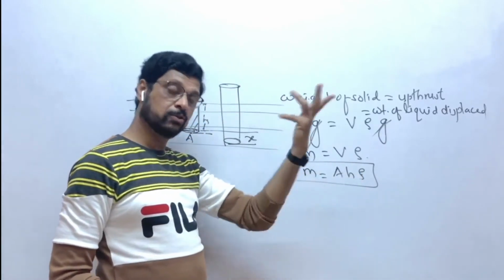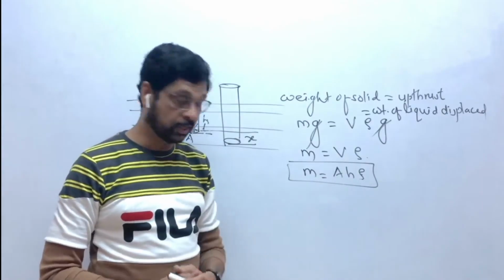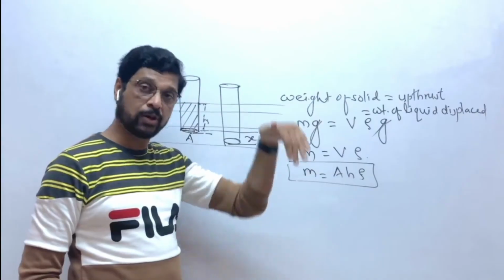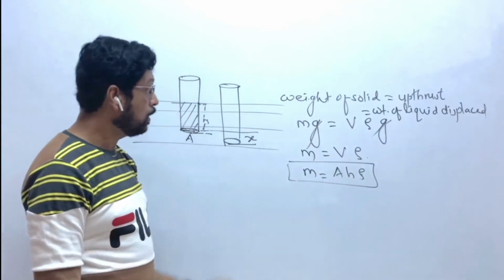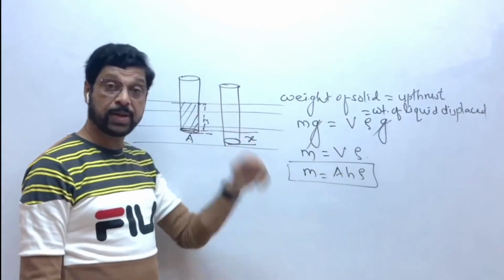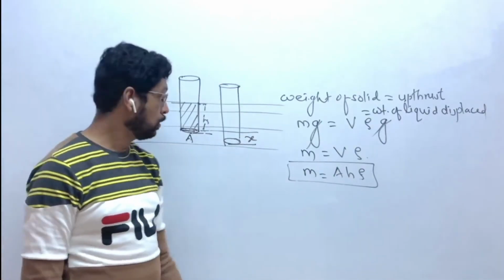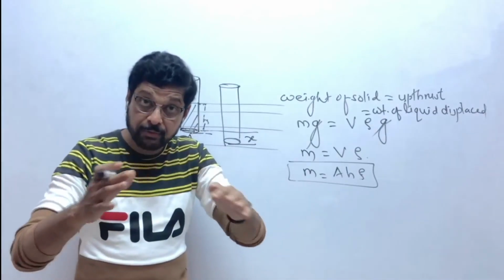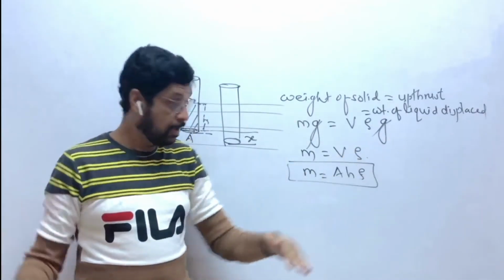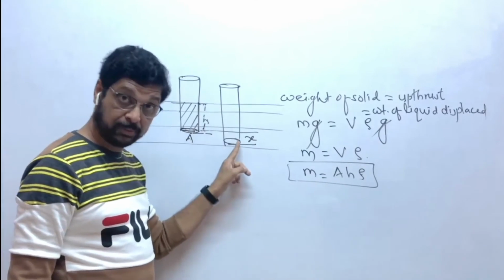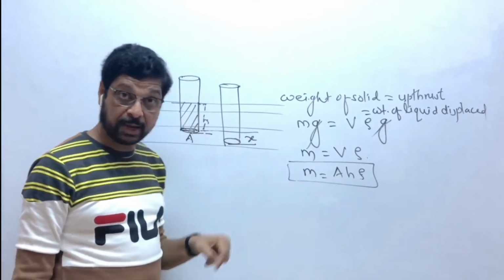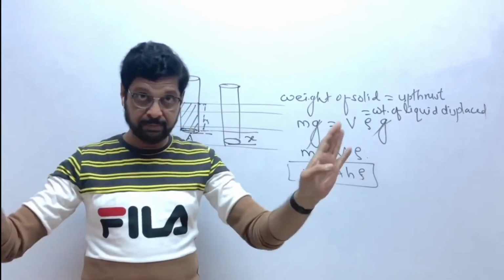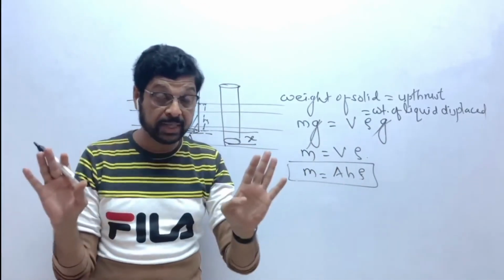It is water, so the density will be the density of water. So this is the mass of the cylinder. Now when it is slightly pressed through a distance x, that much extra liquid will be displaced. Now this condition is finished. According to the law of flotation, the weight of the solid is equal to the upthrust. That matter is over, and it has no relation to SHM now.